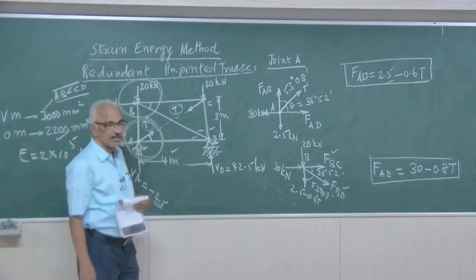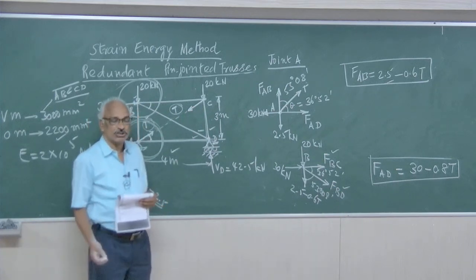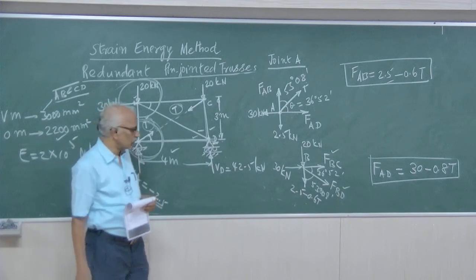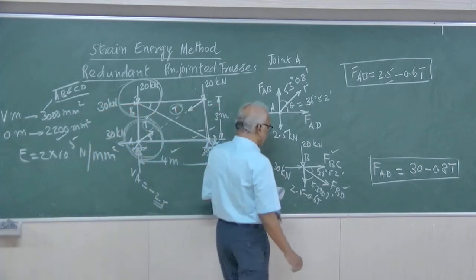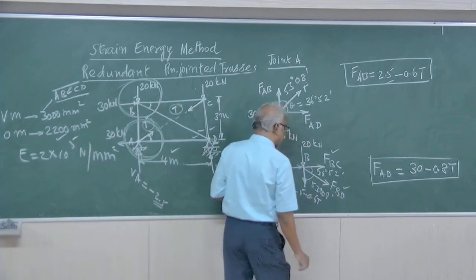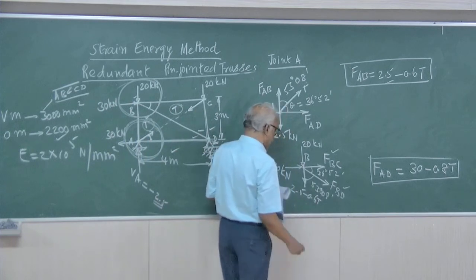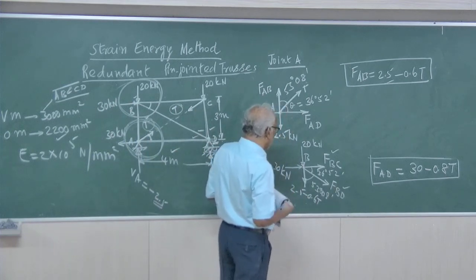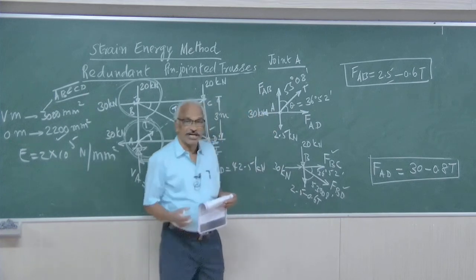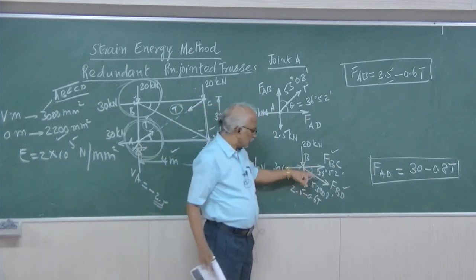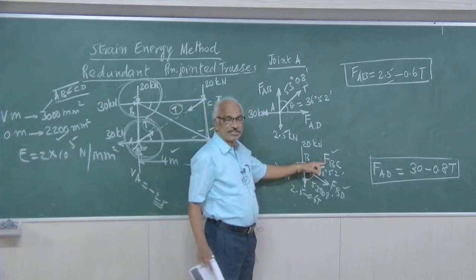Now here we have to apply sigma V equals 0, sigma H equals 0. First let us take sigma V equals 0. Because if we take sigma H equals 0 at the beginning, this component will be there, this will also be there.